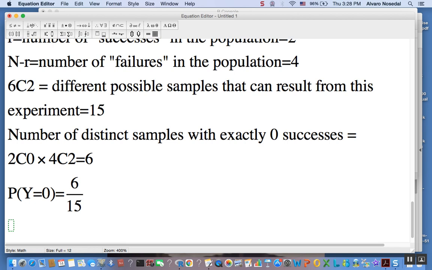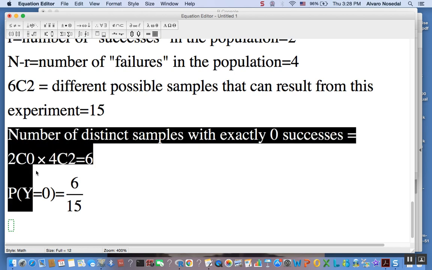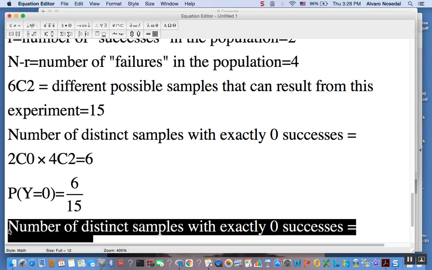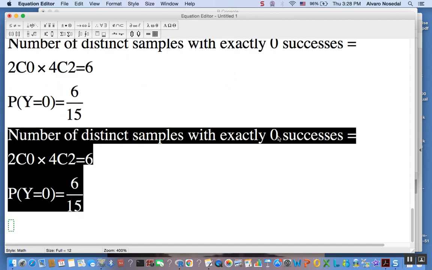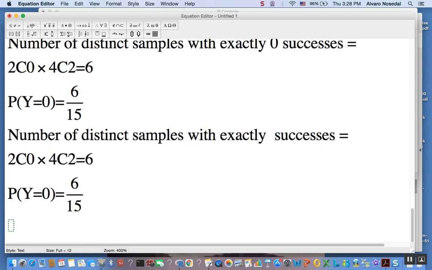We can do the same for the other possible value, right? For 1, let's recycle what we did here. So now, instead of exactly 0 successes, we want 1 success. And that would be out of the subpopulation of successes, which has a size of 2, we want to choose 1.